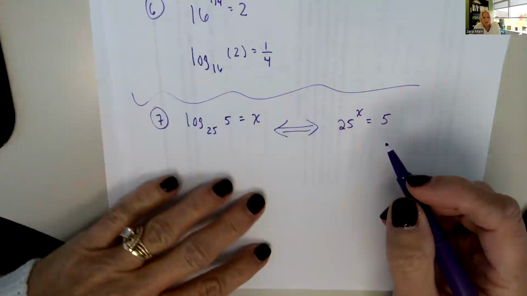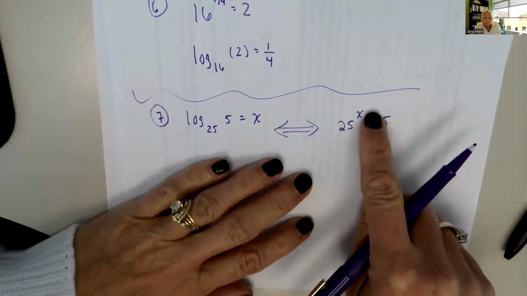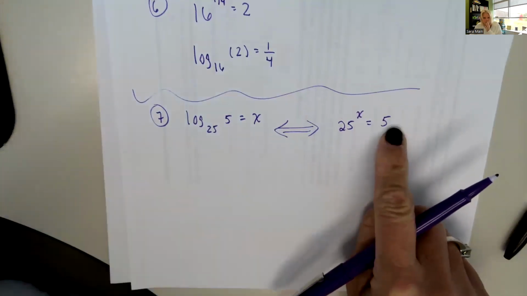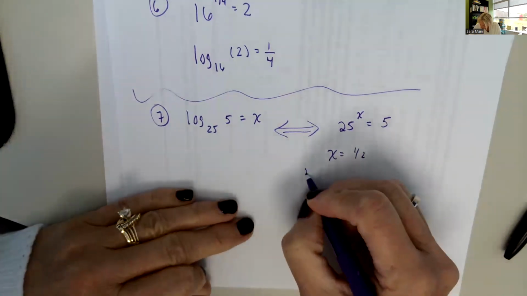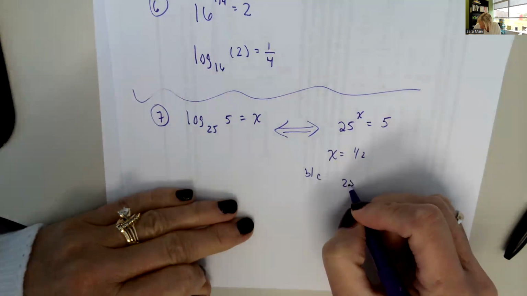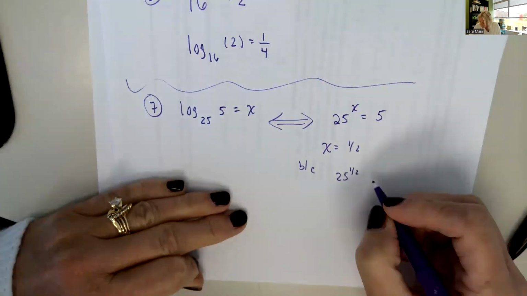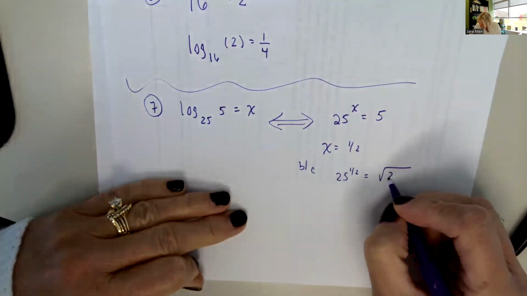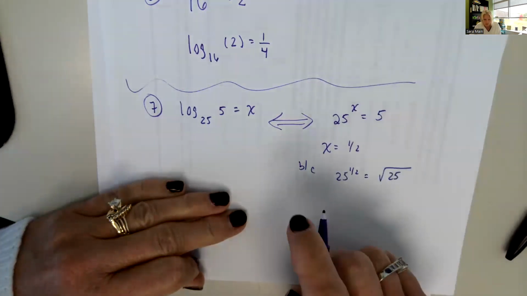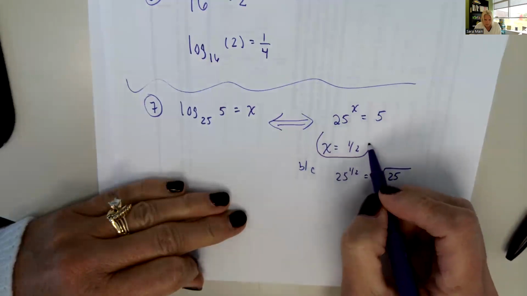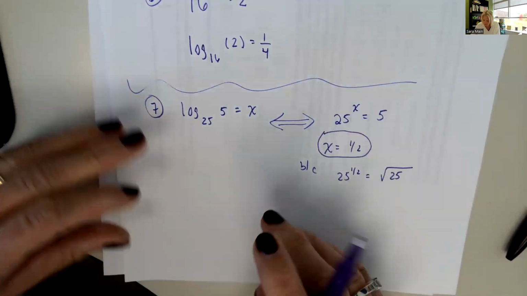So my power of 25 that I could get to a 5 is 1/2. So when x equals 1/2, and that's because 25 to the 1/2 power is the same as the square root of 25. And that results in 5. So I would have to have x as 1/2.